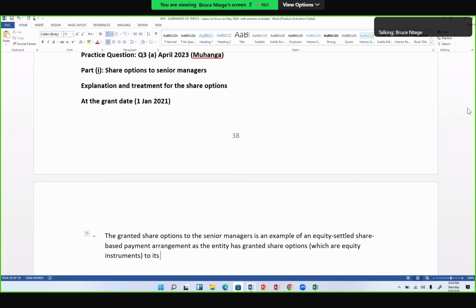So you're justifying why you are taking it as equity settled, because share options are equity instruments. Yeah. So the examiner will give you a tick and a mark for making that justification. Okay.